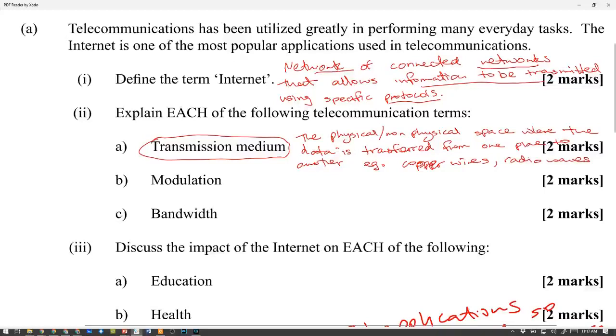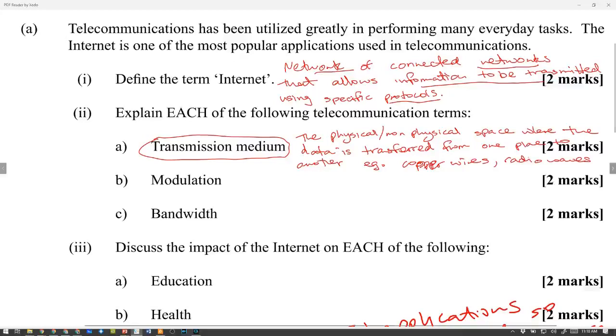Yeah. You all understand? Okay. Yeah, the medium is the electric currents, or the electric pulses, and with fiber optic, the medium will be light. Yeah. All right.